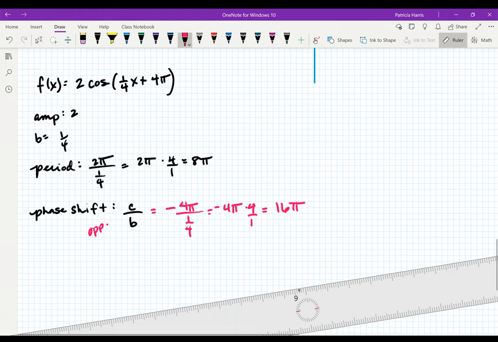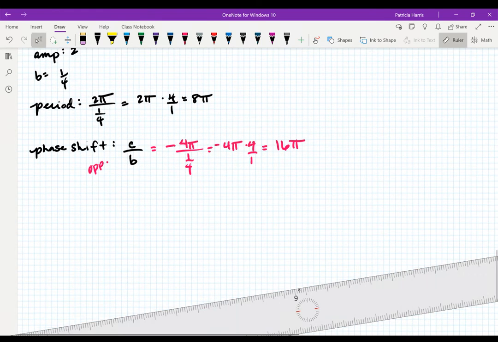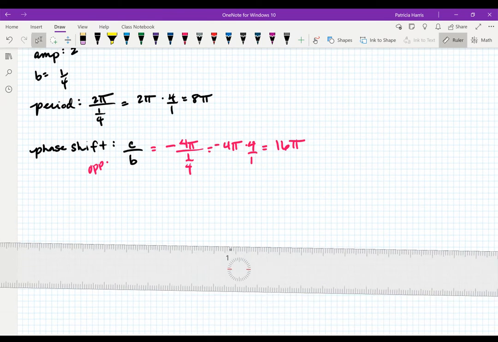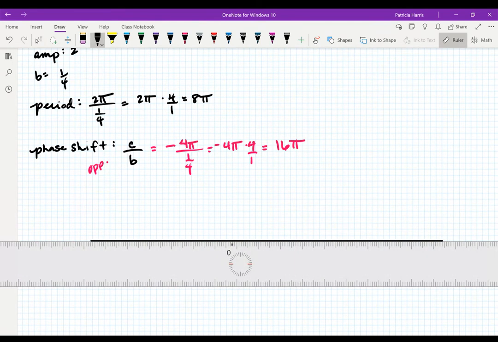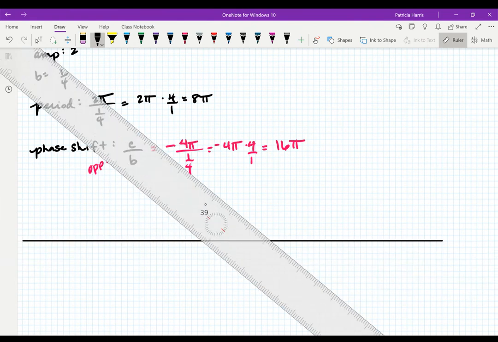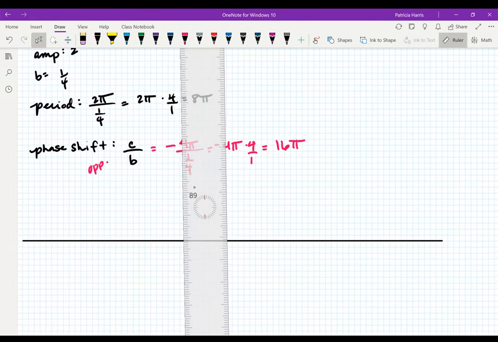Okay, all right, so what I'm going to do is I'm going to give myself plenty of room. Now remember, I want to be able to see what's going on.